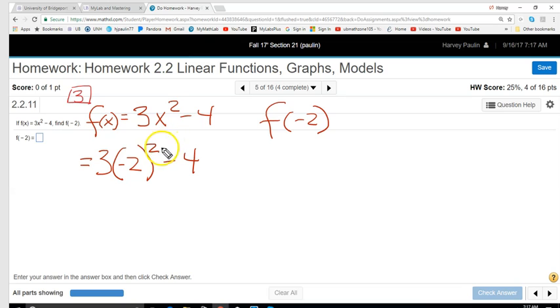And according to our protocol of what do we do first, exponents, and our base is -2. So -2 times -2 is a +4. 4 times 3 is 12 now, minus 4 equals 8. And that's what you would put here.